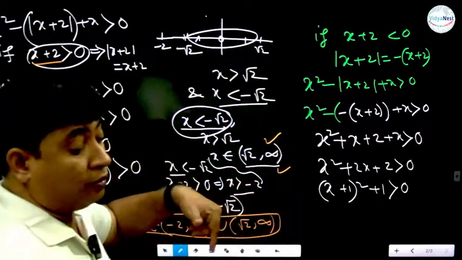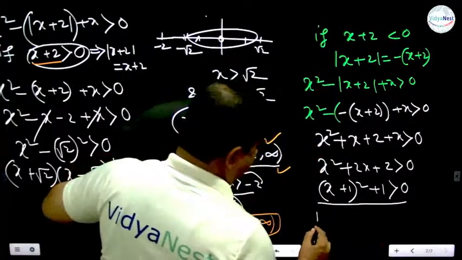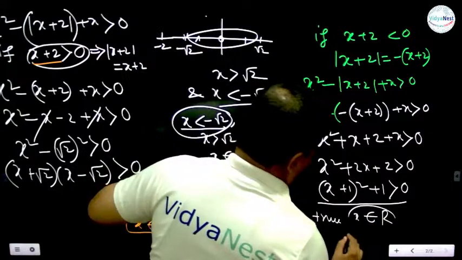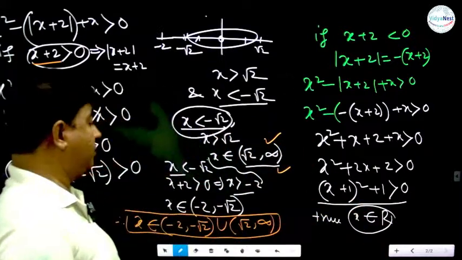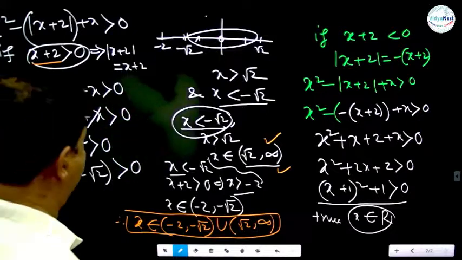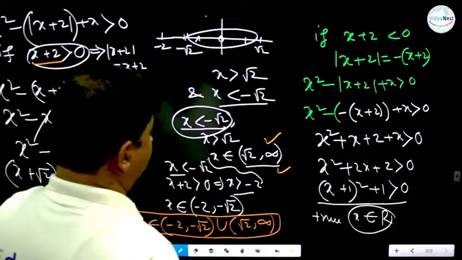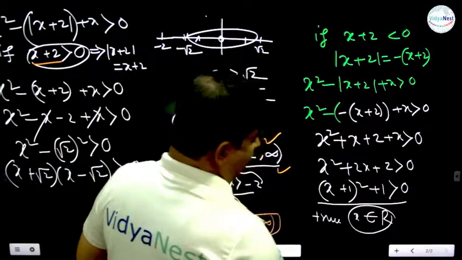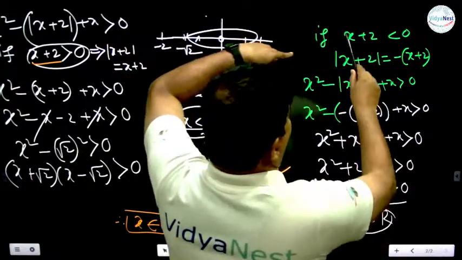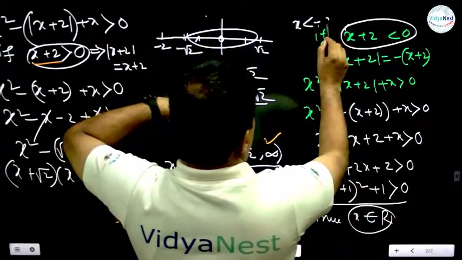So when that will happen? That will happen if x is any real number, that relation will be true। ठीक है, so now what conclusion I can draw? At this time I have got, on one side, x belongs to real number, but here I got x less than -2.